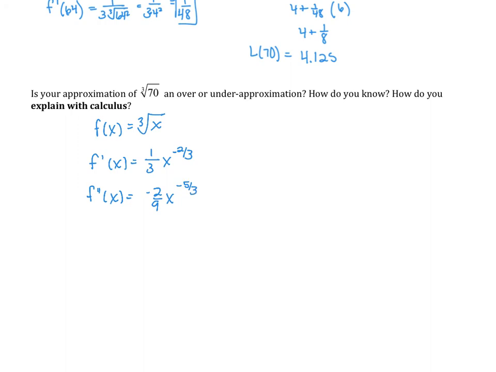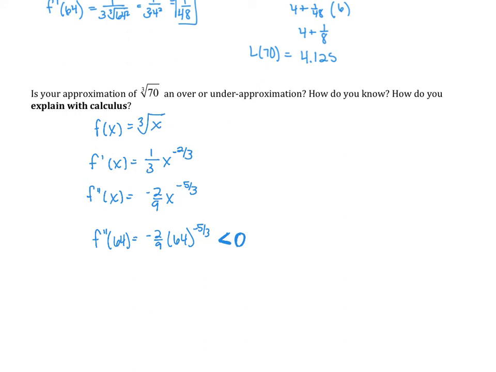What I'm trying to show is whether at this point it's concave up or concave down. So I'm going to plug 64 into the second derivative. If you plug it in your calculator, you'll see that this is actually less than 0, which means what?